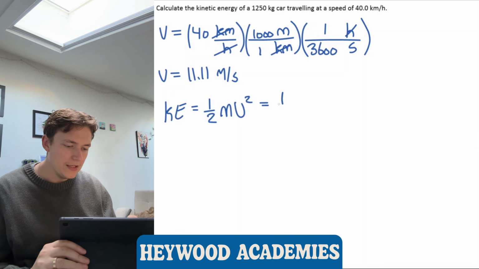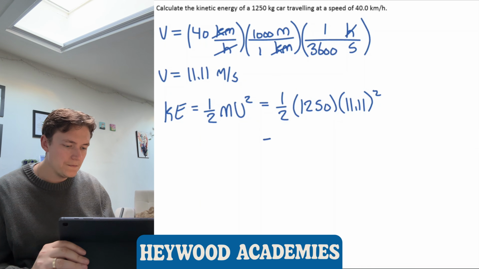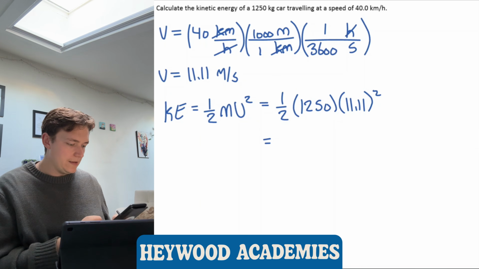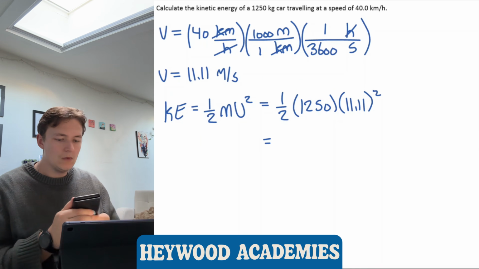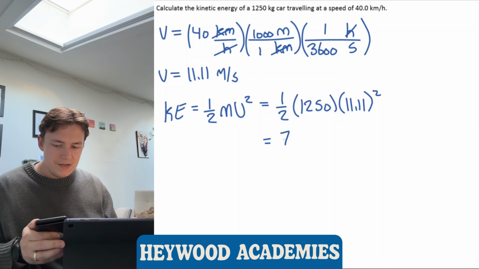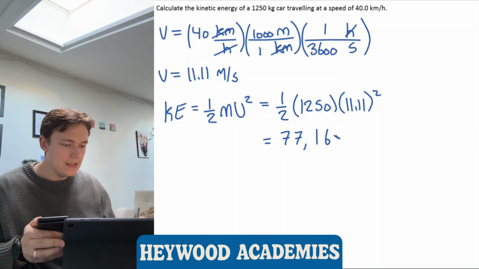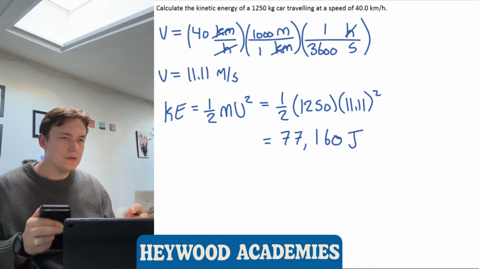So we can just go ahead and plug in the numbers that we got there. 1/2 times the mass, 1250, times the velocity squared. Put that in the calculator. That gives us a big number, 77,160 joules.